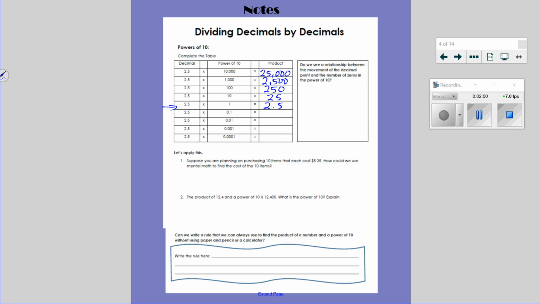Do you guys see a pattern? What happened as we went up? Emma? Added an extra 0. Or another way to think of it is what happened to my decimal place? I moved it to the right every time I went up by a power of 10, right? So when I multiply by 10, I move the decimal.